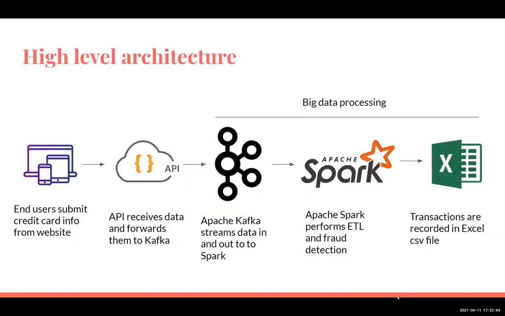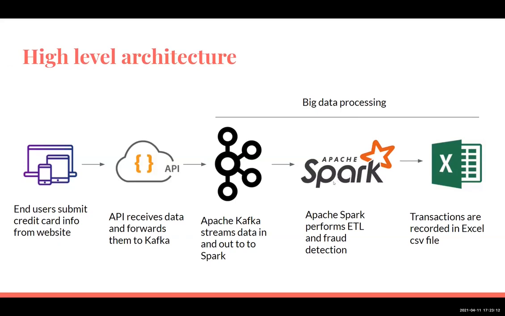As a high-level architecture overview, this is basically how our project worked. End users are able to submit their credit card info, essentially their transaction, over our web app, and this data will be forwarded to our backend API, which acts like a proxy in the sense that it just forwards all the data to the real-time data streaming platform, Apache Kafka, which streams data in and out directly to our Apache Spark application.